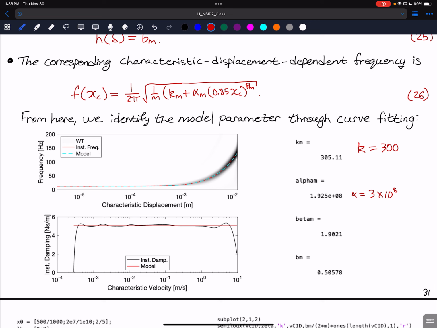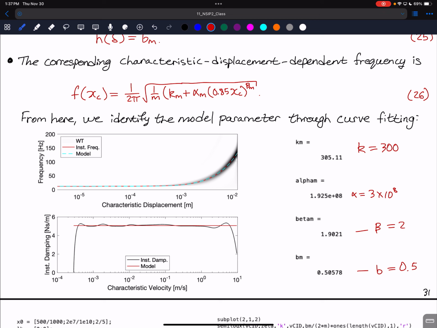The actual beta should have been equal to 2, and the actual B was equal to 0.5. So in general, we're close. The alpha is at least in the same order, and that beta is reasonably close to 2.